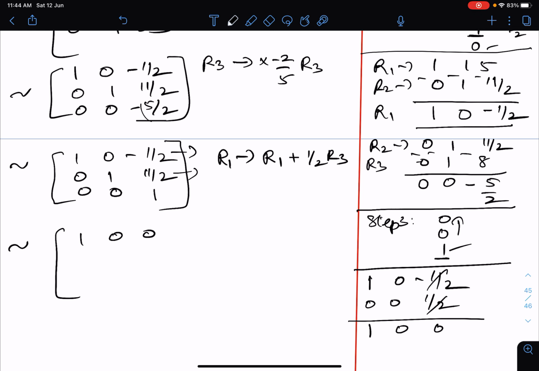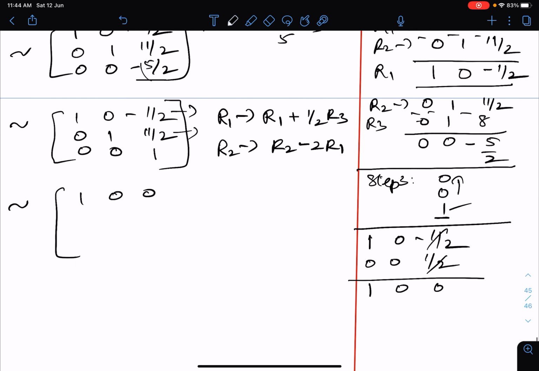And what about our R2? Similarly, R2 also you are going to reduce. Here it is 11 by 2, so you have to multiply by 11 by 2 similarly to how I multiplied by 1 by 2. You are going to do R2 minus 11 by 2 R3, because in R3 only you have got 1.